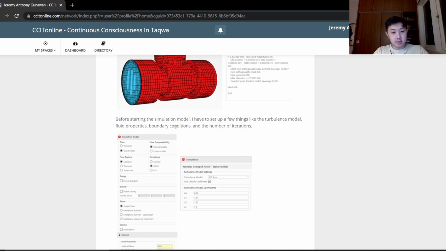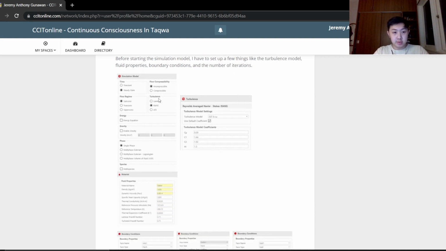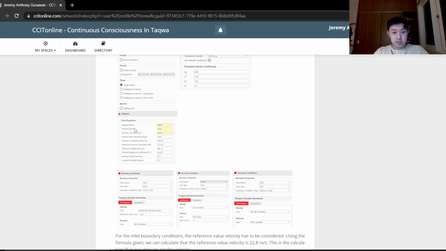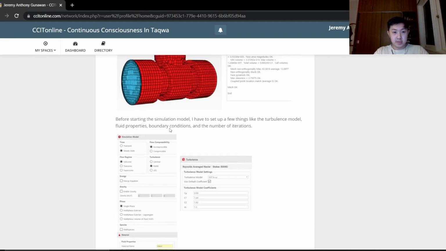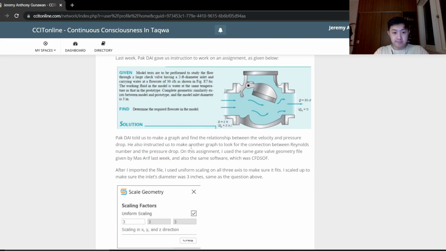So the first thing is to change the turbulence to RANS, and then it'll pop up a new tab called turbulence, where we change the turbulence model to SST k-omega. Then we'll change the material to water because the fluid is water in the problem.